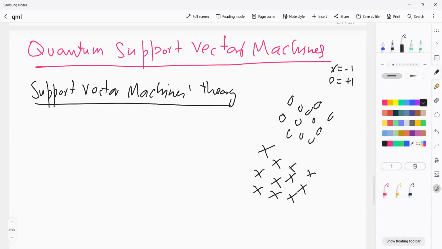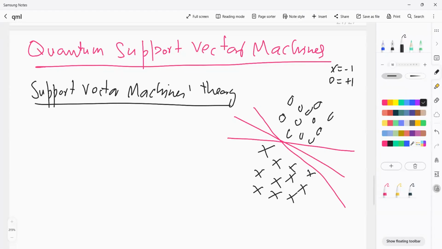And our goal is to find a hyperplane that separates these two data sets into two sets. So for example, we can think about a hyperplane like this, or maybe like this, or maybe like this. So the question is, which one would be better in terms of predicting the new data points?